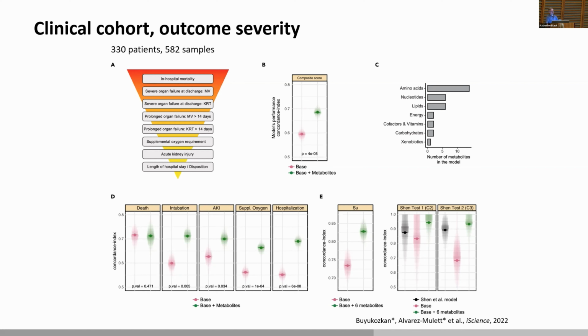And in B, you can see it's 70%, so we can debate about how much clinical utility that has, but there's definitely a signal in predicting this severity later in time from the metabolomic profiles. And then I want to draw your attention to E also.